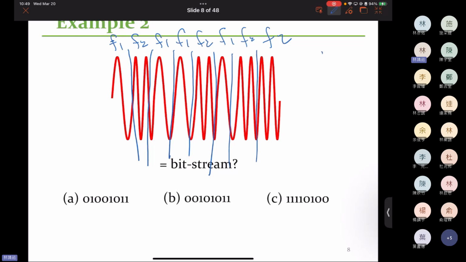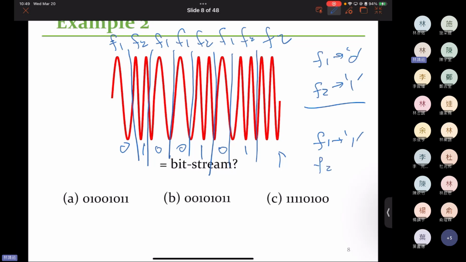So if F1 means bit 0 and F2 means bit 1, then we can easily infer this is probably 0, 1, 0, 0, 1, 0, 1, something like this, right? But of course, you can also do the conversion the other way, converting F1 to 1 and F2 to 0. That's also fine. You just need to negotiate between the transmitter and receiver.